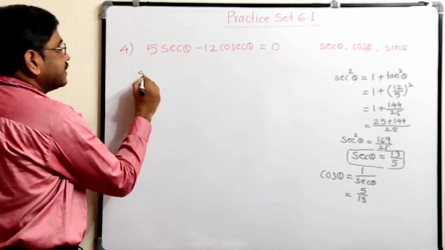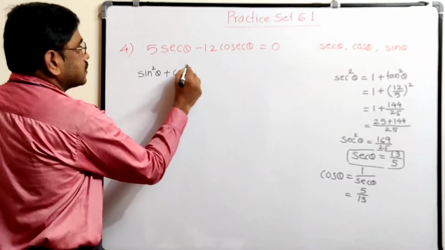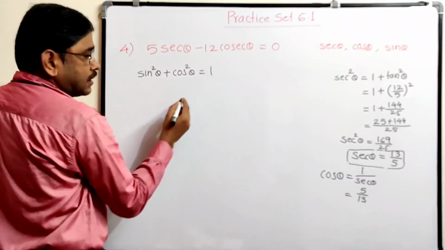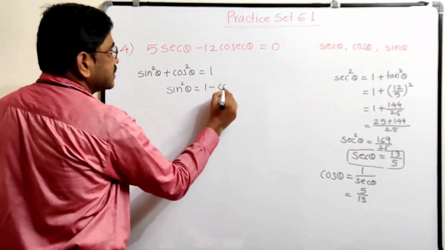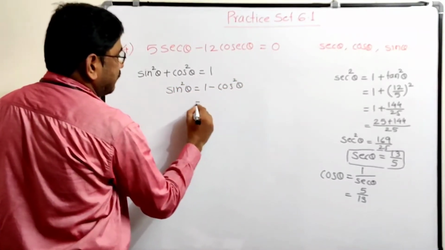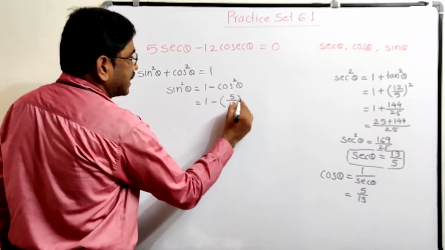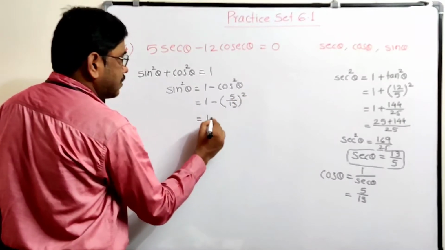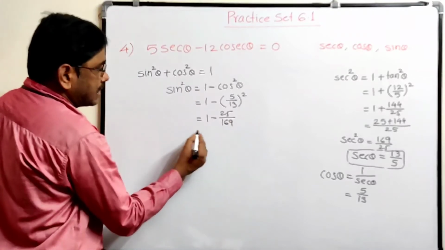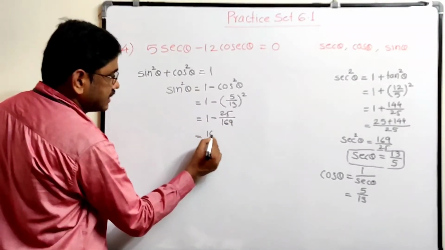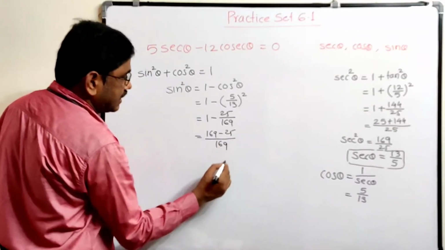We have the identity sin square theta plus cos square theta is equal to 1, and therefore sin square theta is equal to 1 minus cos square theta. Now the value of cos square that we have, substitute that. 5 by 13 bracket square. So 1 minus 25 by 169. So 169 ones are 169 minus 25 divided by this 169.